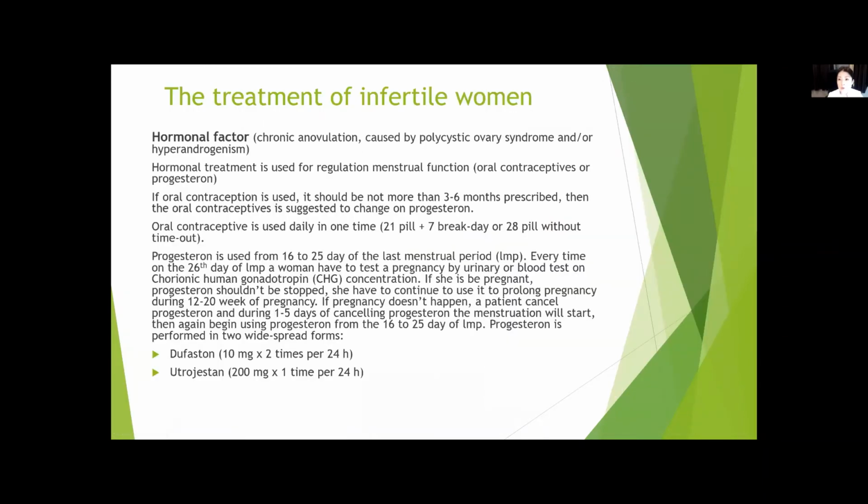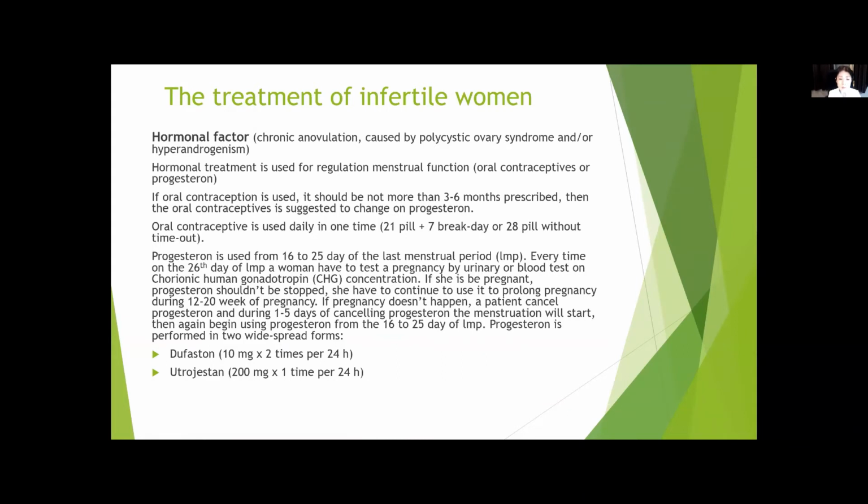Treatment of infertile women with hormonal factor, chronic anovulation caused by polycystic ovary syndrome and/or hyperandrogenism, is used for regulation of menstrual function. For example, oral contraceptives or progesterone. If oral contraception is used, it should be prescribed for not more than 6 months.